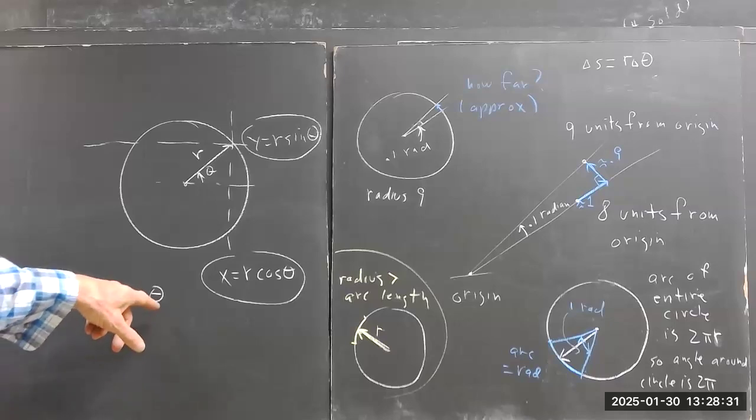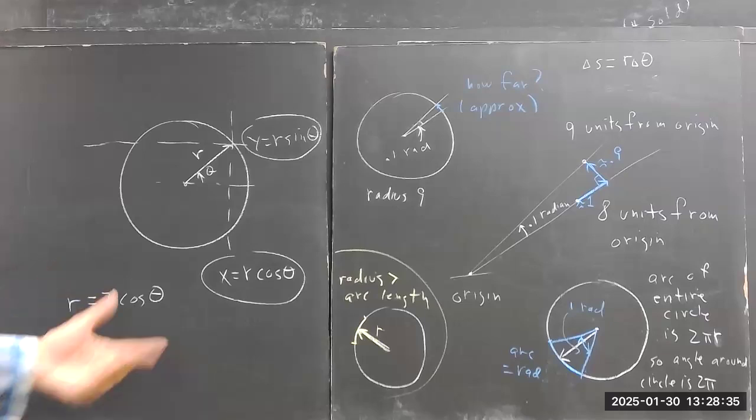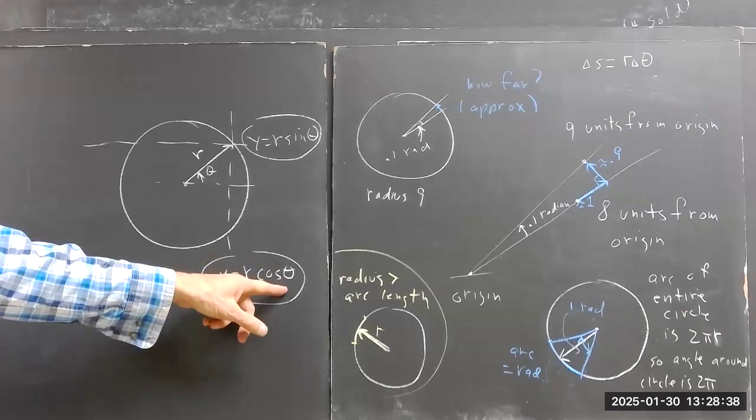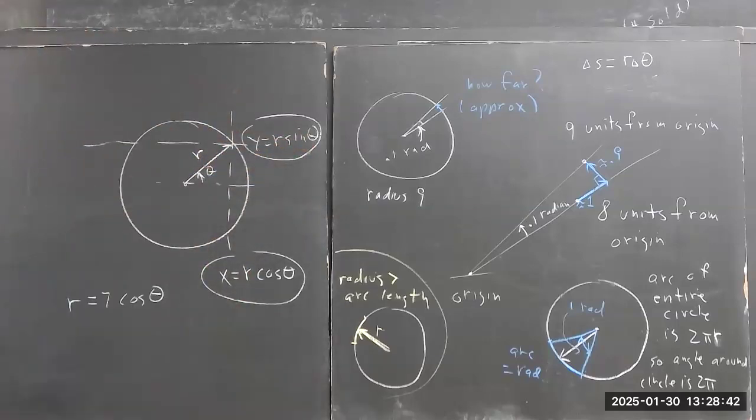Well, you'd have to know theta in terms of r, right? We'll do that in a minute. And you just solve this for theta. You get the inverse cosine of x over r, the inverse sine of y over r. Okay?